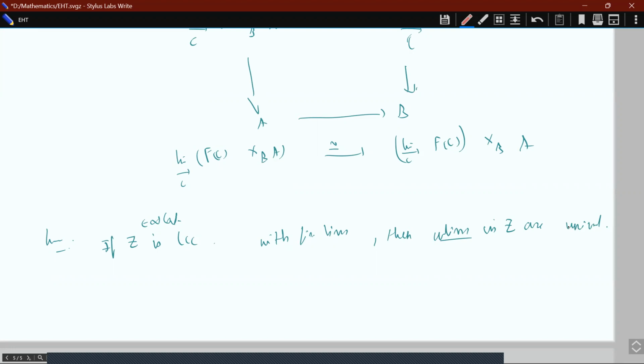I won't prove it, but the idea is that this follows because the left adjoint commutes with colimits. So that's the idea.